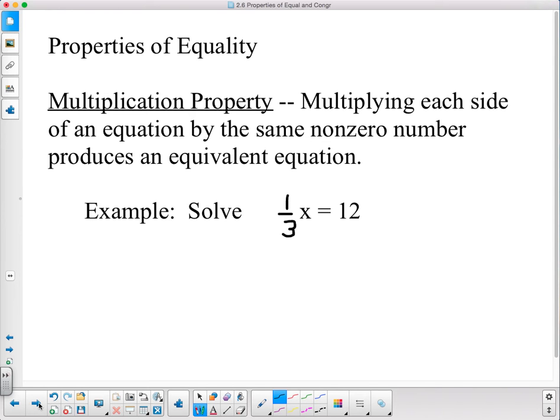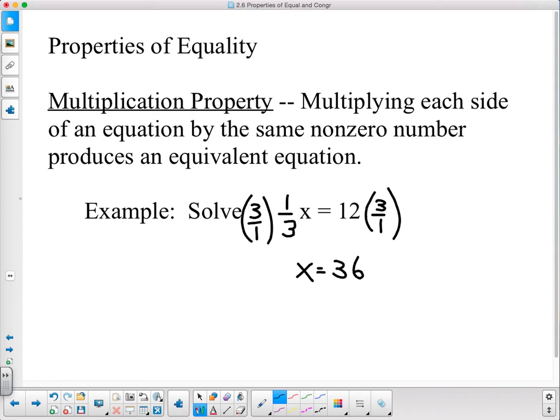So if we were solving, we've got 1/3 x equals 12. What would you multiply each side by to solve that? 3 or 3 over 1? Right. Multiply by 3 or 3 over 1 on each side. And that gives us x equals 36.